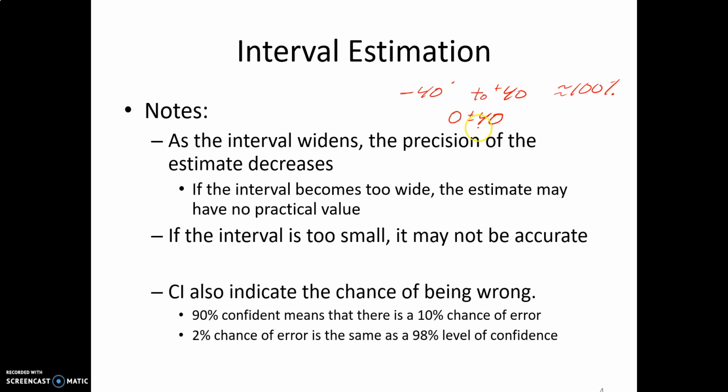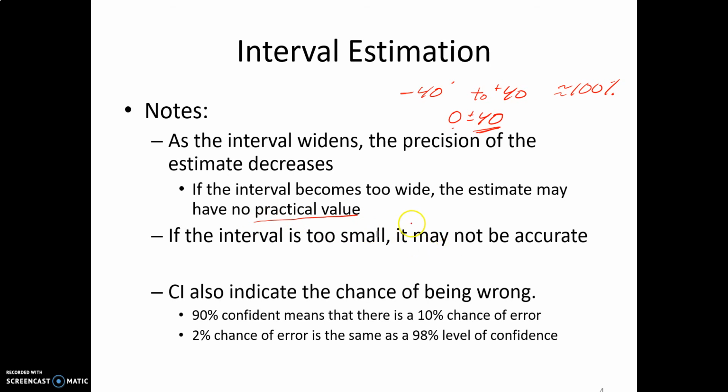So as the interval widens, the precision of the estimate decreases. If this number is too big compared to this value here, it doesn't have as much significance or accuracy. Even though I'm going to be 100% accurate, basically it has no practical value.